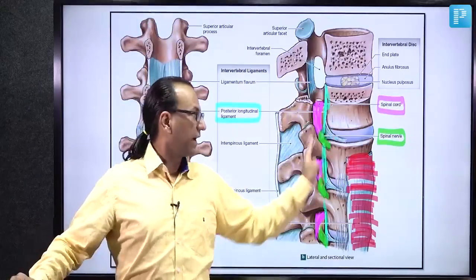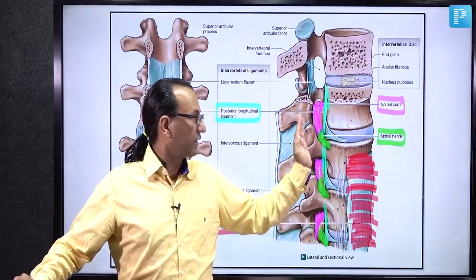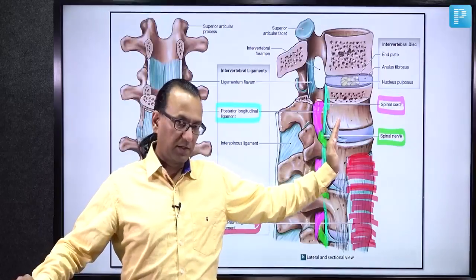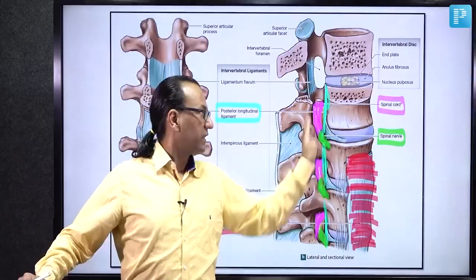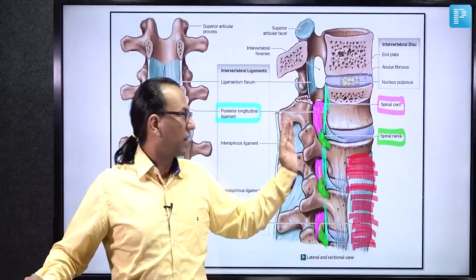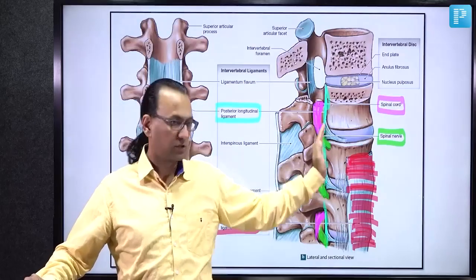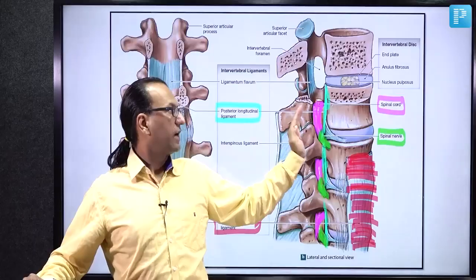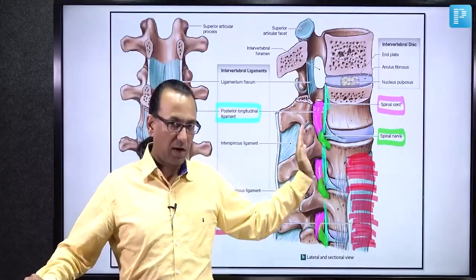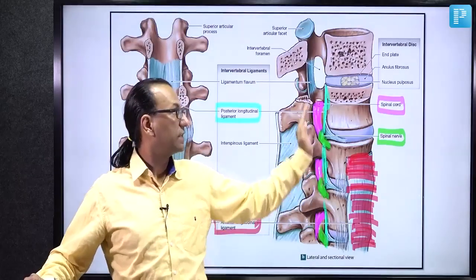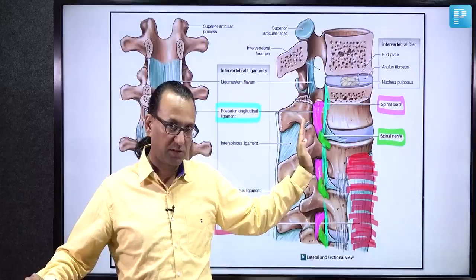And in the vertebral canal, we have the spinal cord. The spinal cord lies in the vertebral canal, and you will find that in front of the spinal cord is the body of the vertebra, which has the posterior longitudinal ligament, and behind that is the ligament which connects the lamina of the vertebra, called the ligamentum flavum posteriorly.